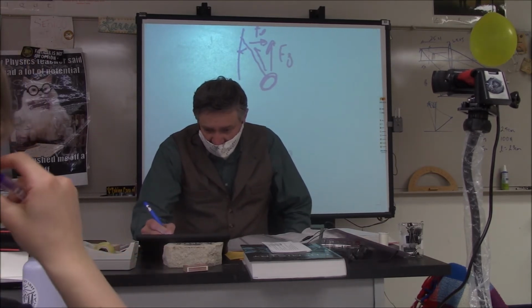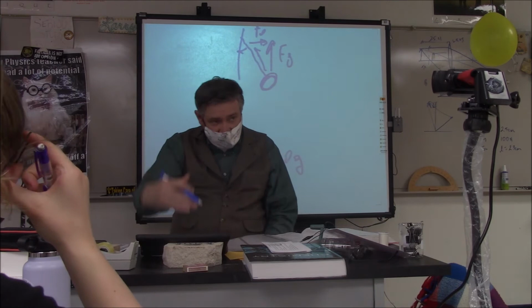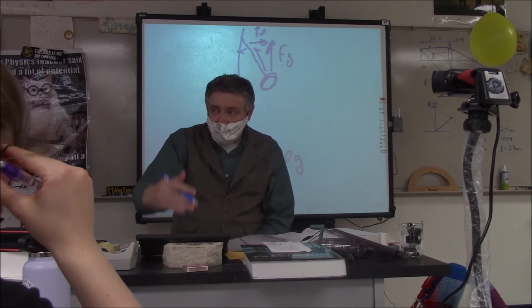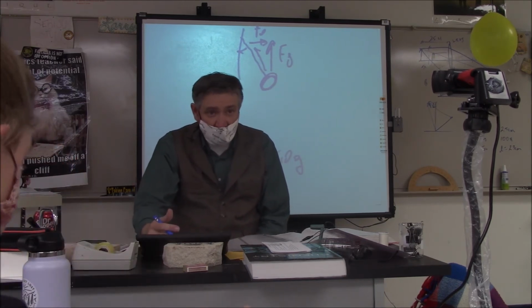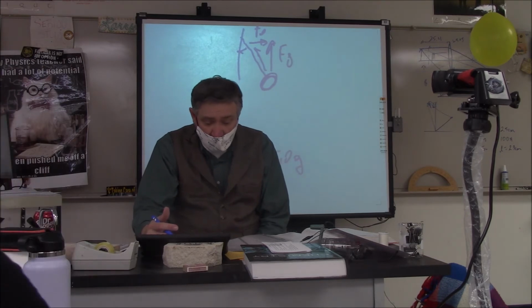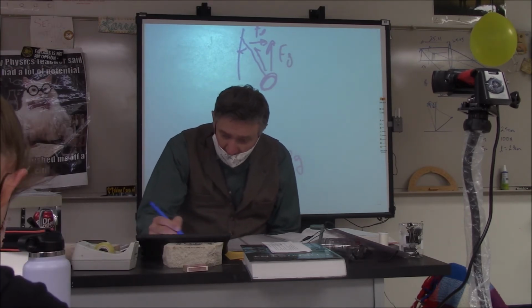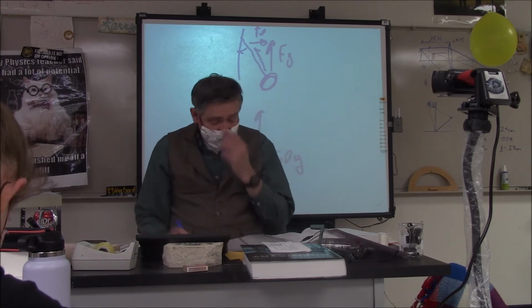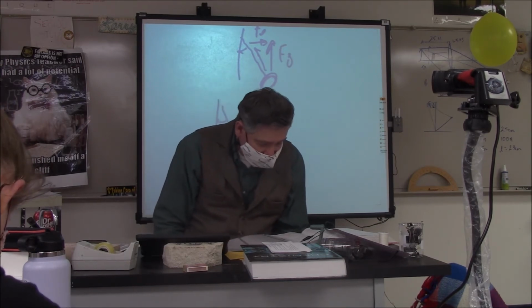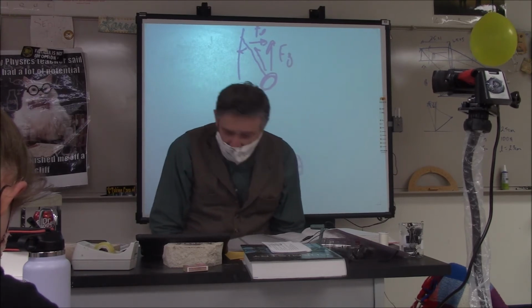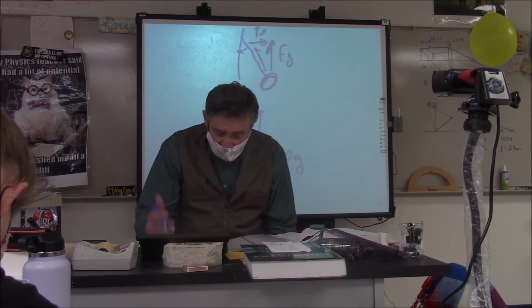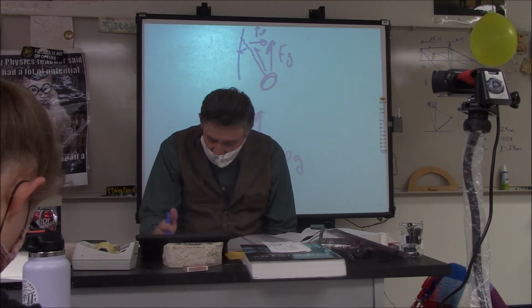So right away, since you know it's a 5-gram ball, what can you find? Yeah, you can find the weight of it, right? So you can find the weight of that pushing up. Now, you're also told on this one that you want to find the charge on the ball. So at the end of the day, you want to find some number of coulombs.